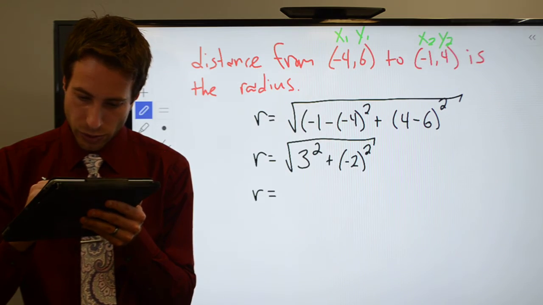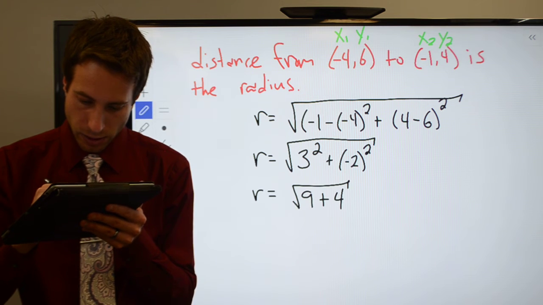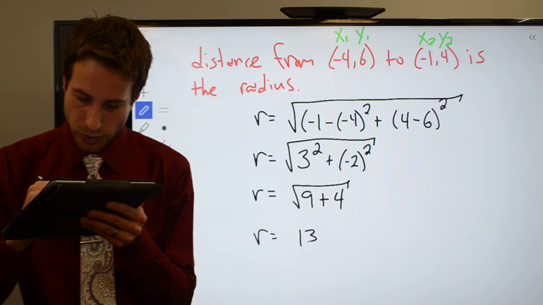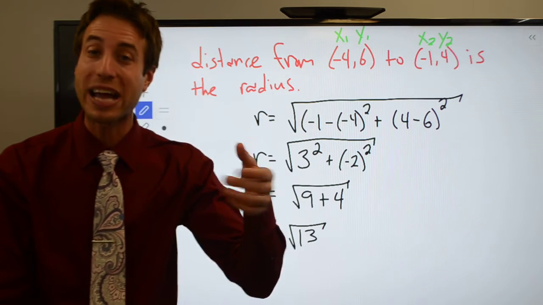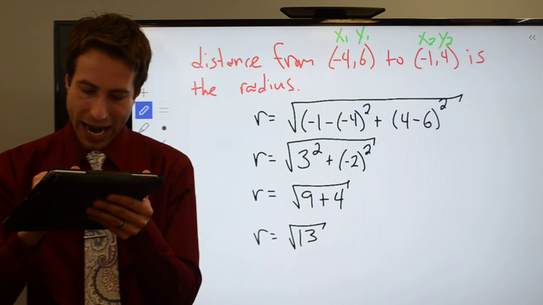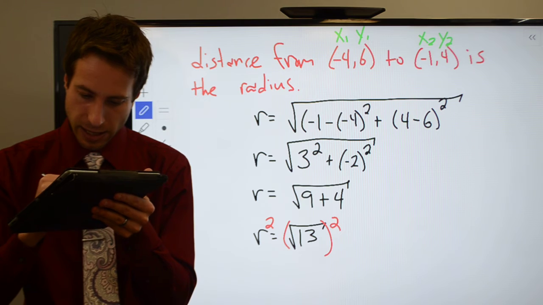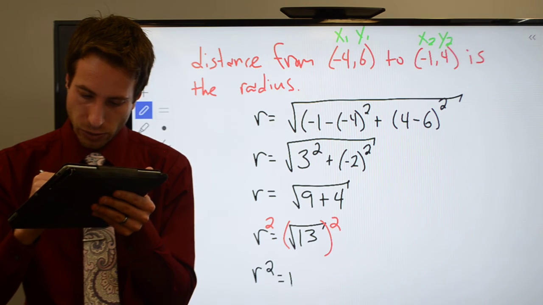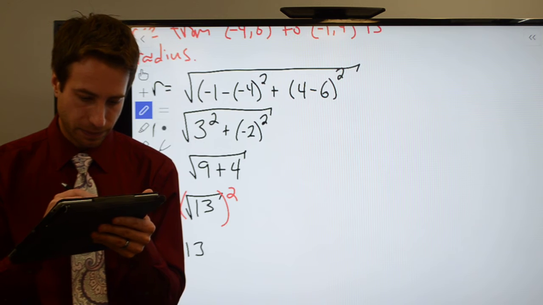R is equal to the square root of 9 plus 4, so r is equal to the square root of 13. But remember, I don't necessarily need r. In that equation, I was looking for r squared. So we'll just square both sides, and r squared is equal to 13. Write your final answer.